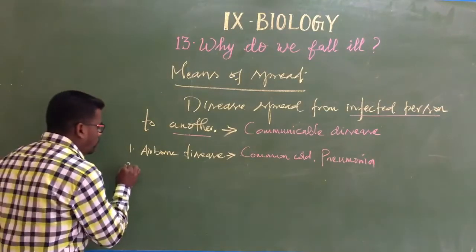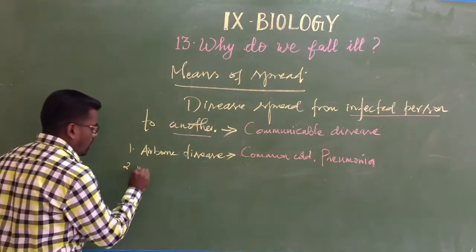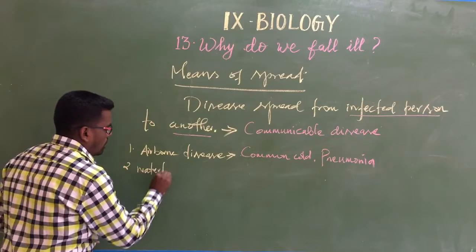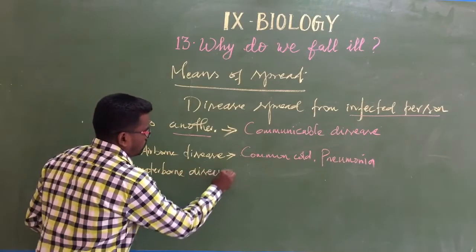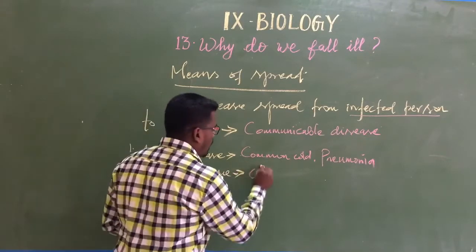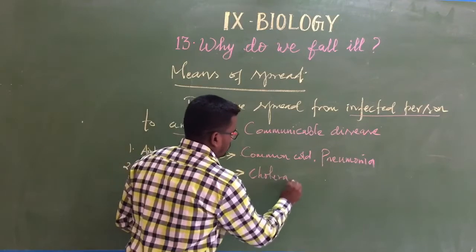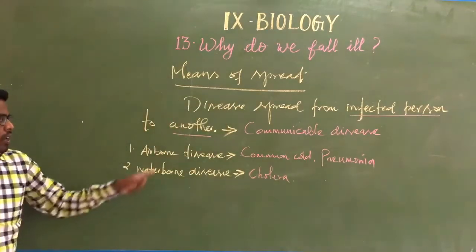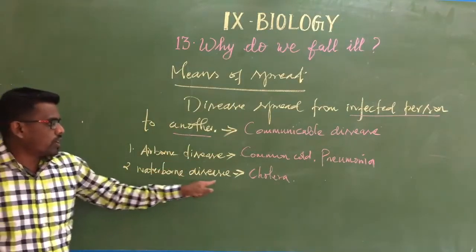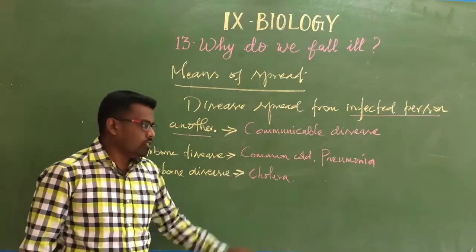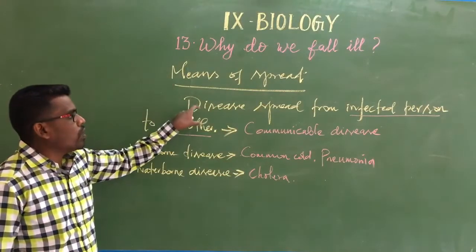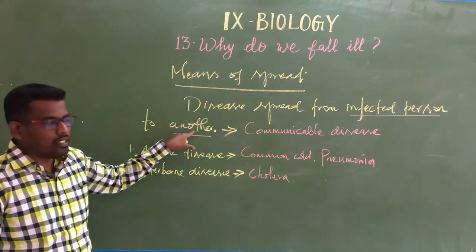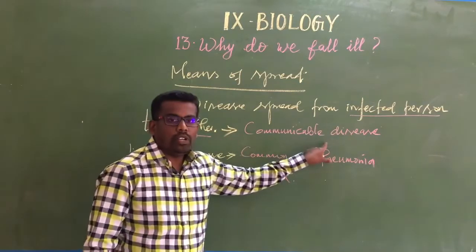If the disease spreads through water, that is called waterborne disease. Example: cholera. There are many examples, but these are a few. So when a disease spreads from an infected person to another, that is called communicable disease.